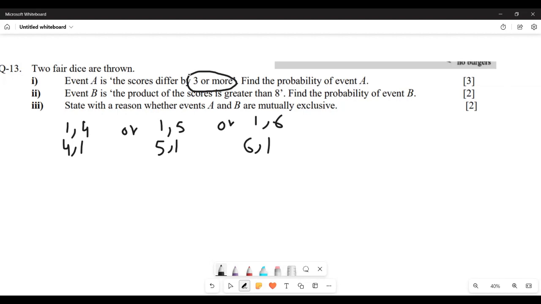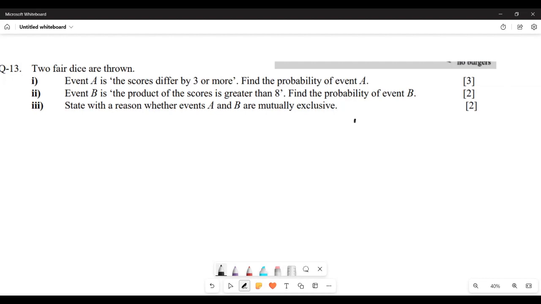There's so many cases. Instead of stating them separately, I recommend using a possibility diagram like we used to do in O levels. Possibility diagram is a quick way of checking all the results simultaneously.